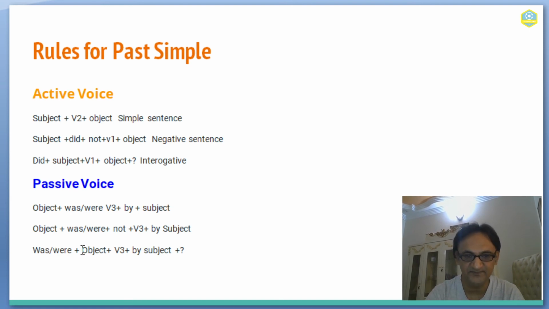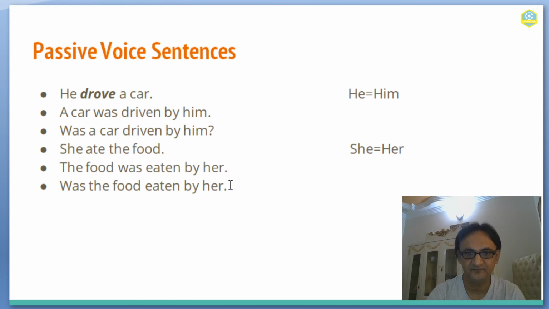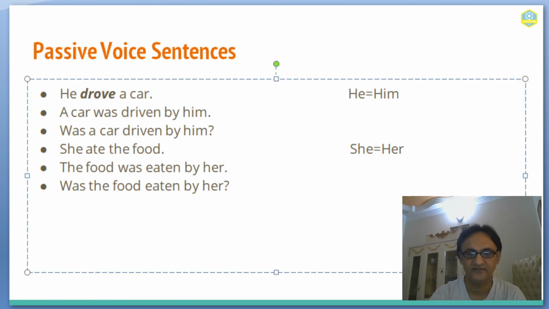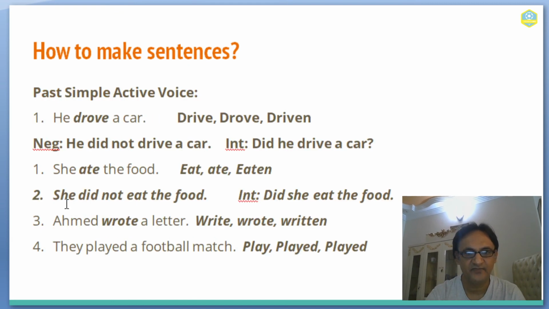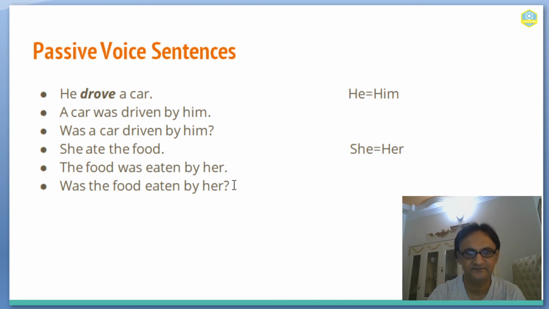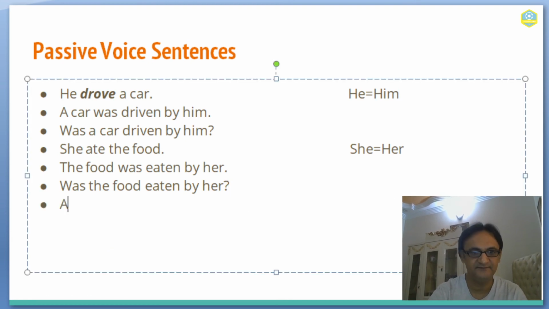Object is the food, was the food, third form, eaten by her, and then put the question mark. Right? What else? Ahmad wrote a letter.